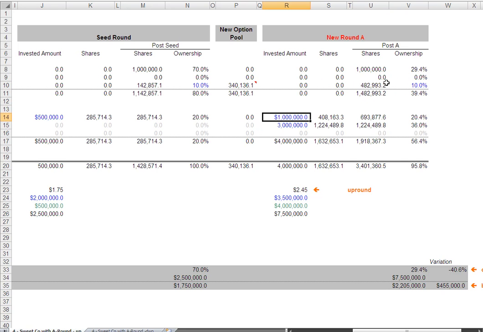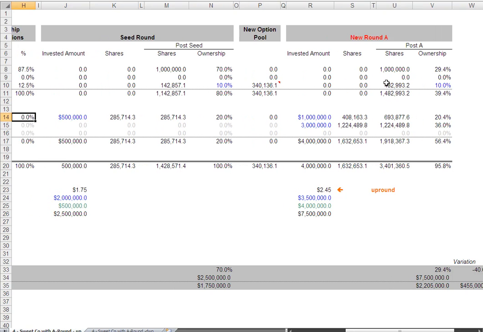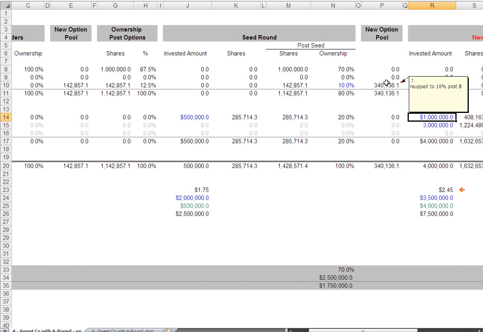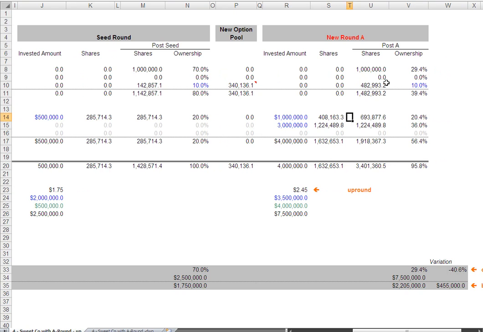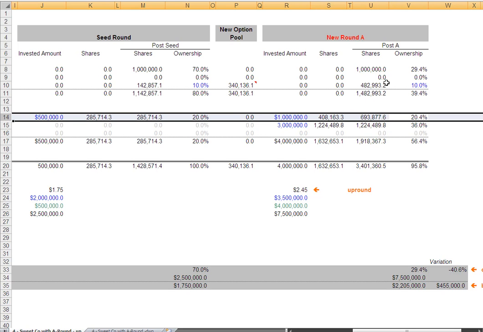Notice again that in this example, the initial investor has put in $1 million, whereas before he put in $500,000. The reason why he has to put in $1 million now, he doesn't have to, but he wants to, is because this way the investor can roughly maintain his level of ownership.